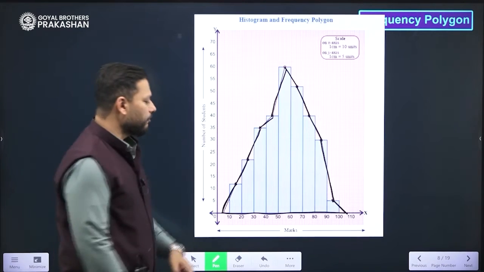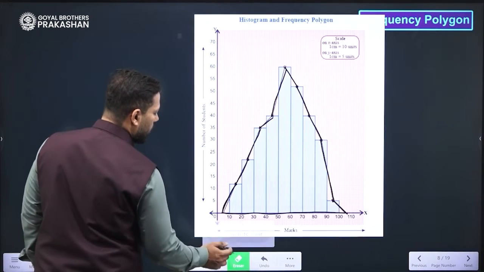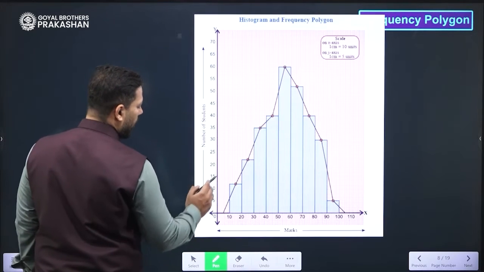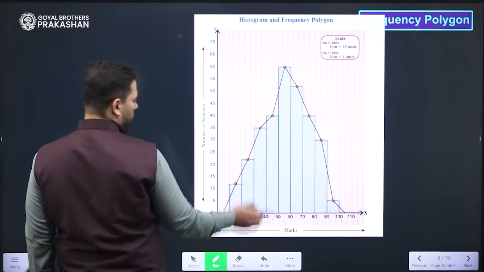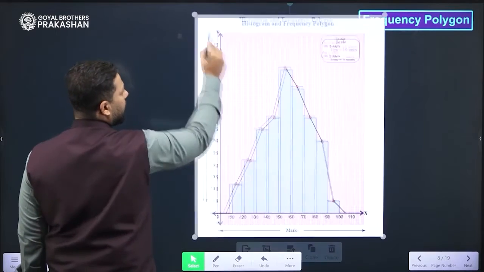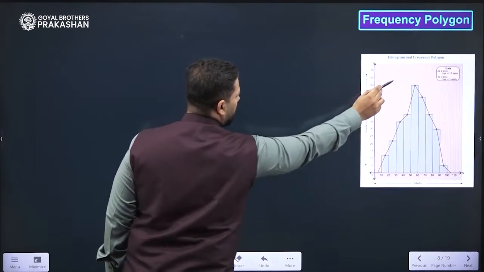So let us just write a few things about it. We know now what a frequency polygon is. It is another way of representing the data visually. Let us write it over here.